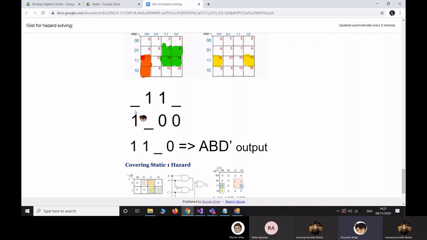So first we represent BC in a logical way. The logical way used here is an underscore representing that the variable is not present in the term, a 1 if it is present in case of static 1 hazard, and 0 if it is present in uncomplemented form for static 0 hazard, and vice versa for the complemented form.